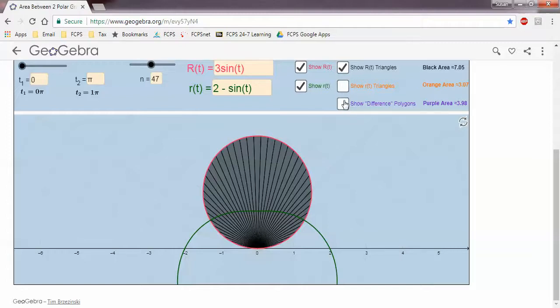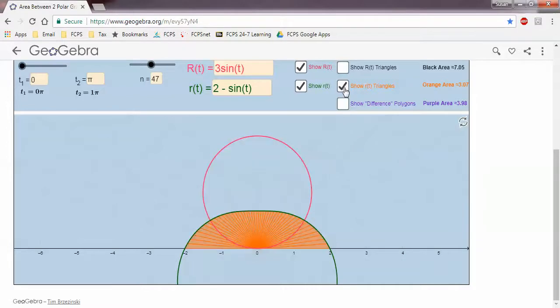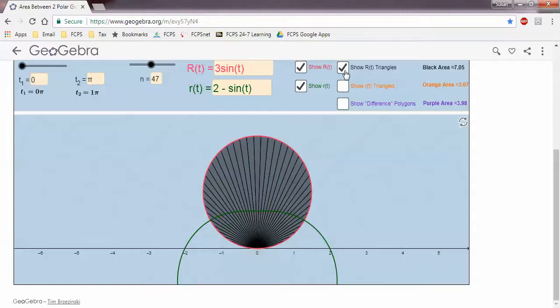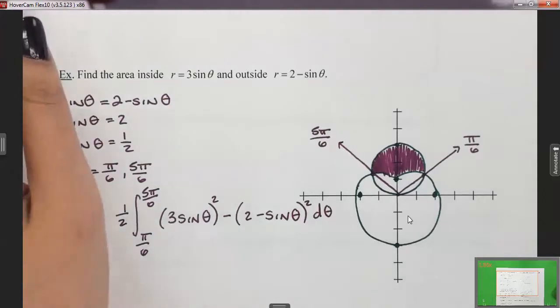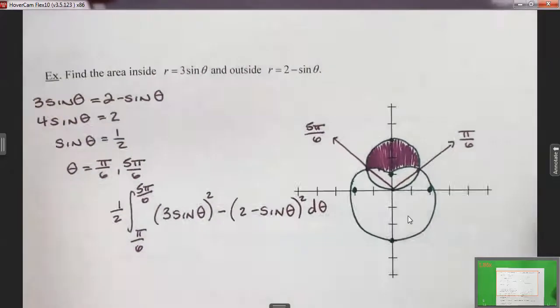You get all of the circle, and you get some weirdo section of the cardioid. So we have to go by intersection to intersection. Are you good with that? All right, I'm not going to make you multiply that out.